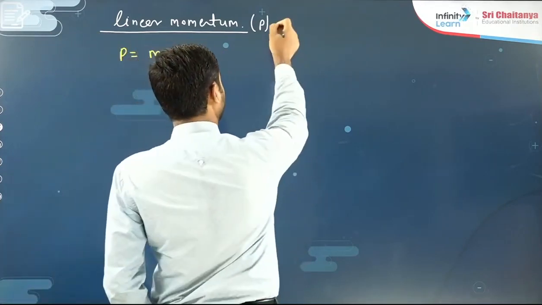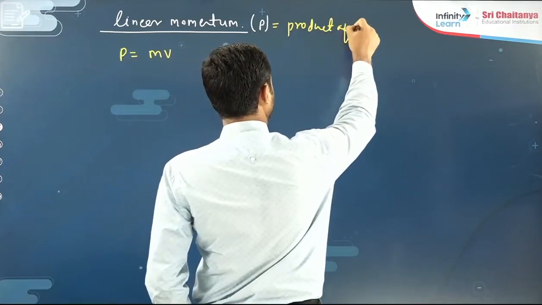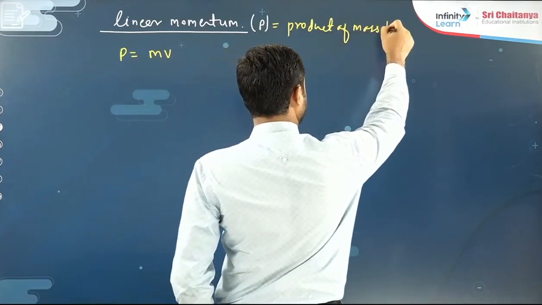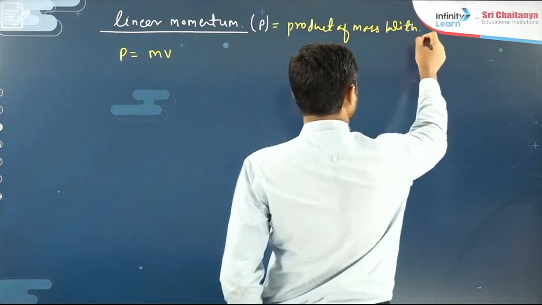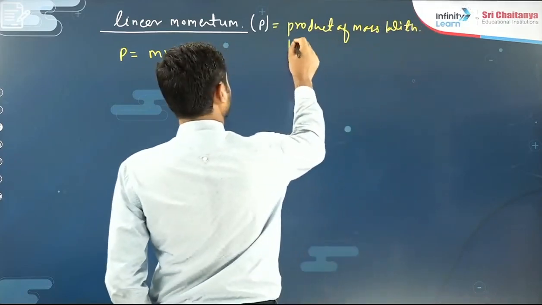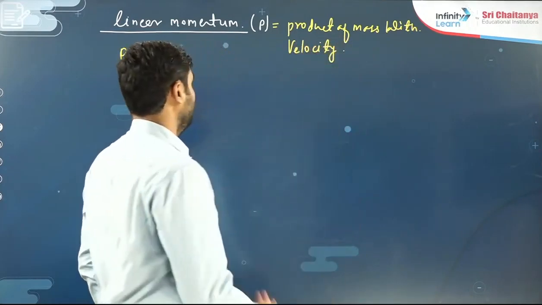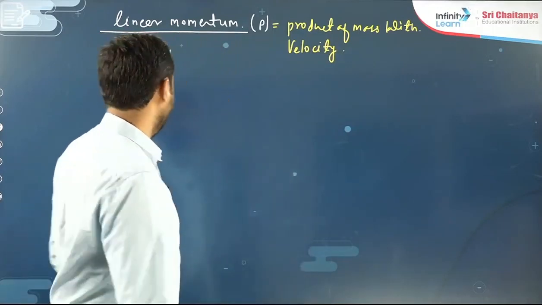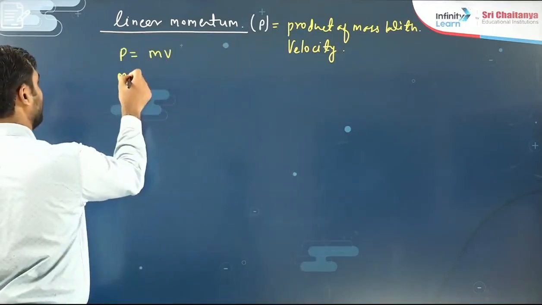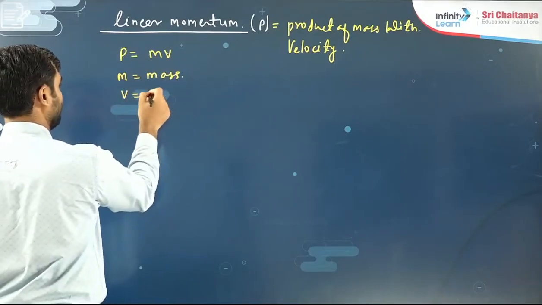So the definition is: the product of mass with velocity is linear momentum. So the formula also we understood. P equal to mv, m is mass and here v is speed. Okay.